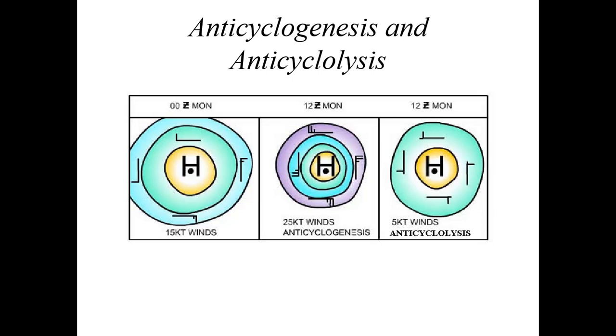Now, a real case of anticyclolysis would be in the wintertime, where you typically have this very strong, cold Arctic high pressure system associated with very cold continental Arctic air. As that high pressure system comes down out of Canada and moves into the northern plains and the Midwest, it's still fairly strong. Still a lot of wind energy associated with the high pressure system.